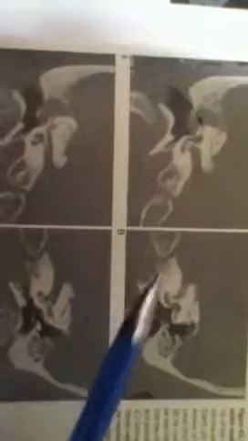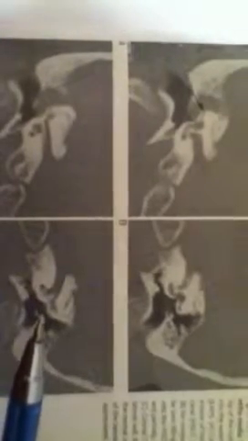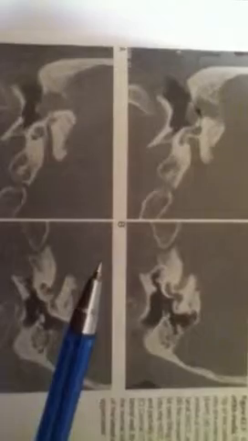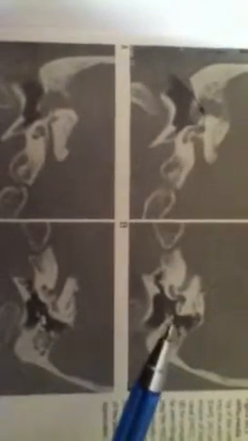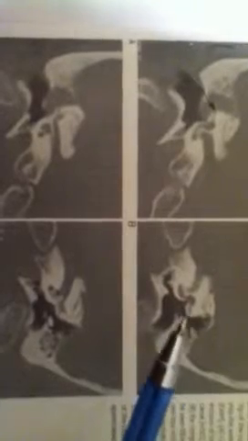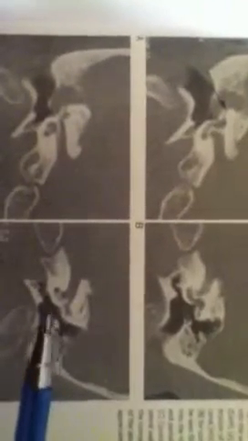So always compare with the normal side. If it is unilateral or if it is bilateral, look for opacities in places where there should be a normally hypoattenuation because of presence of air in the middle ear cavity.